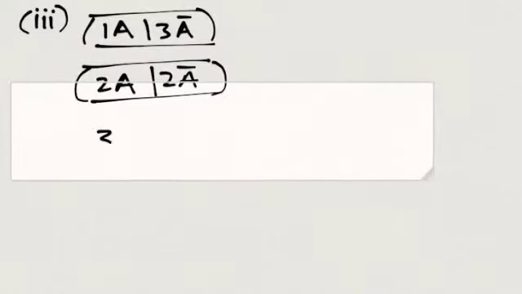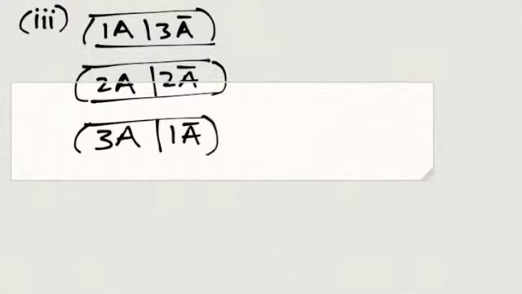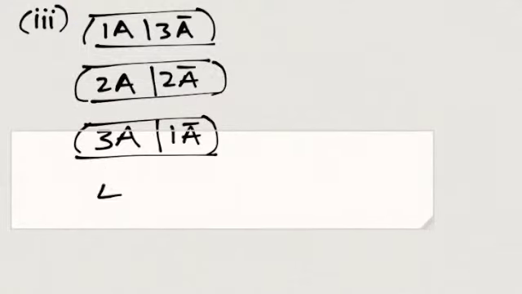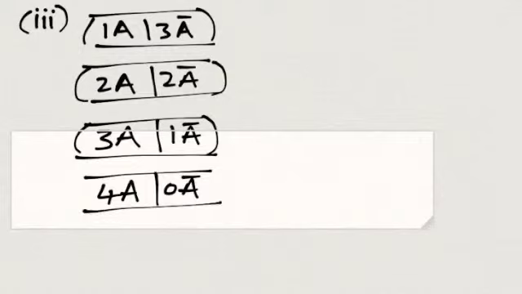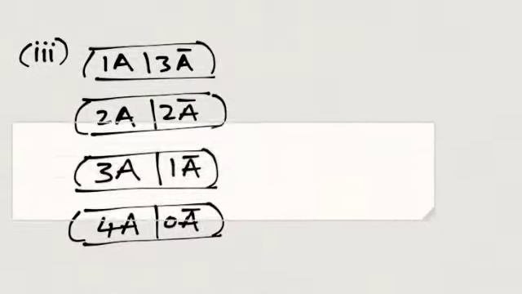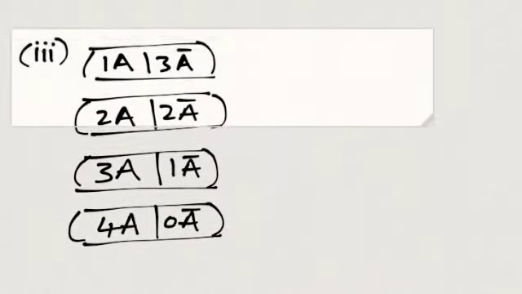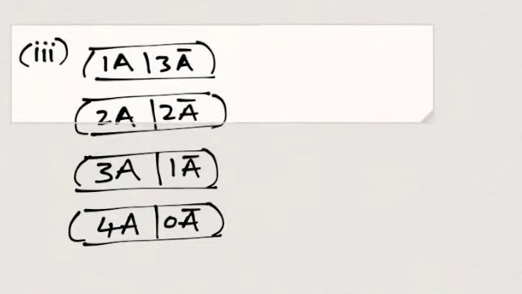Or if our 4-card hand has 3 aces and 1 other card, our 4-card hand still has at least 1 ace. Or if we have all 4 aces and 0 other cards, our 4-card hand has at least 1 ace. So these are all possible ways of having at least 1 ace.